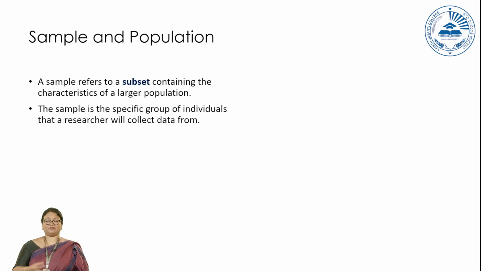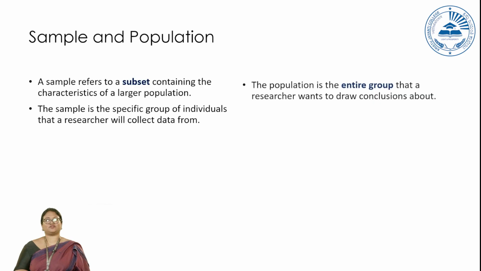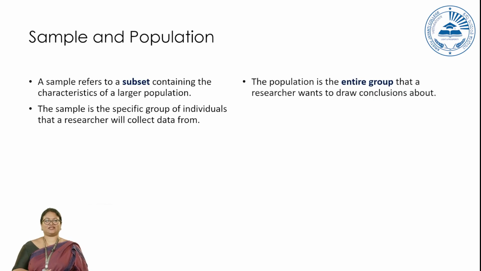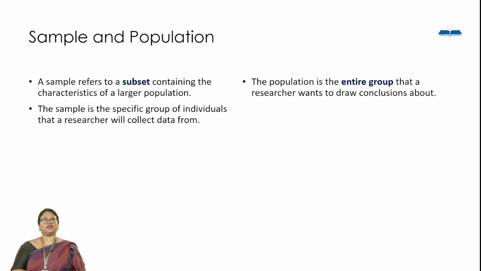And the larger group is going to be the population. So the entire population or the entire group that the researcher wants to draw the conclusions from would be called your population.